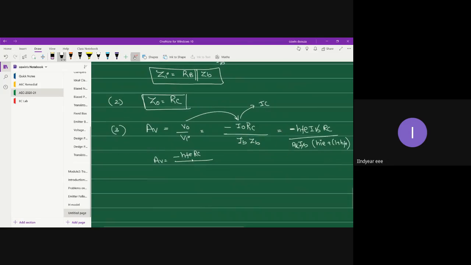We will be left with AV is equal to minus HFE RC. Okay. And in the denominator, I have RE into HIE plus, what I will do, 1 plus HFE, let me write approximately HFE itself. So plus HFE.